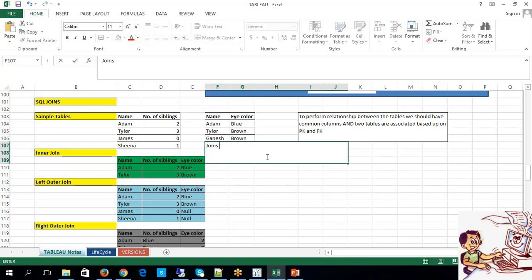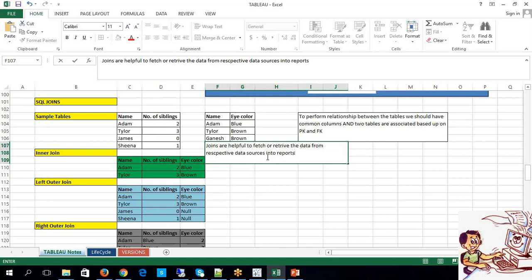look at this. Joins are helpful to fetch or retrieve the data from respective data sources into reports.